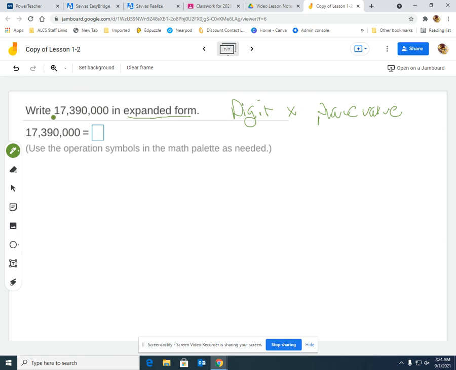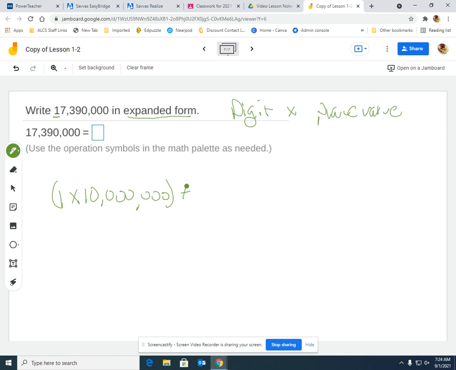I take that digit, 1, and I multiply it by its place value. Well, let's look. Ones, tens, hundreds, thousands, 10,000s, 100,000s, millions, 10 million. So I'm just going to do 1 times 10 million.